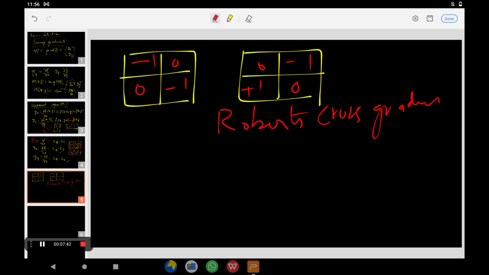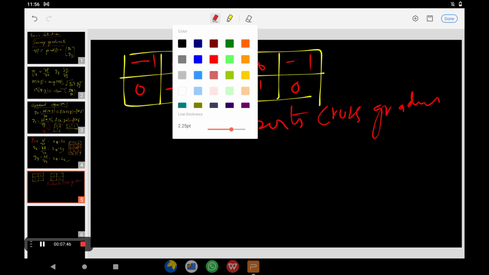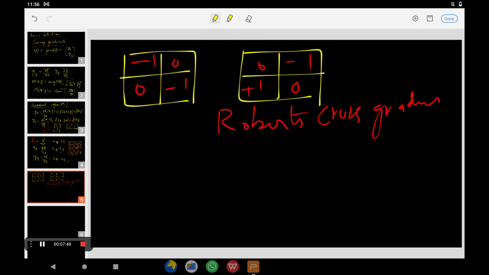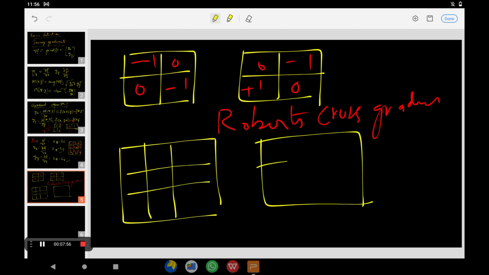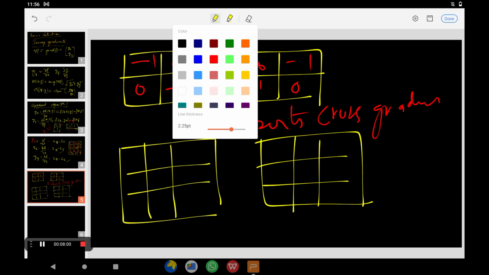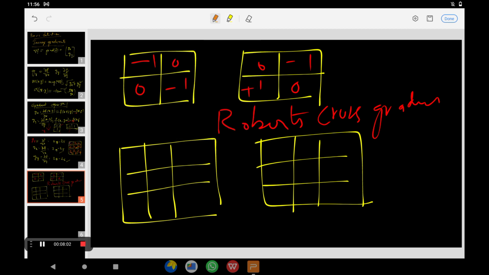At the same time, Prewitt and Sobel also propose two different masks, similar to this one. I will write these as the Prewitt operators for edge detection. So it is also a 3x2 matrix. So here -1, -1, -1, 0, 0, 0, and 1, 1, 1.